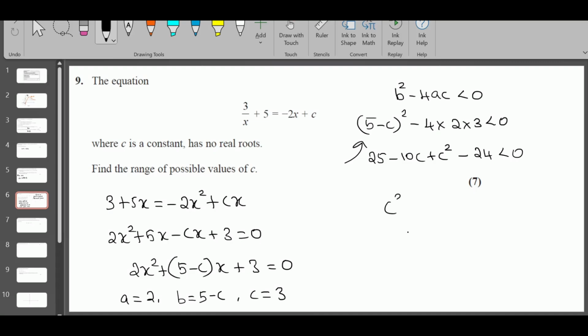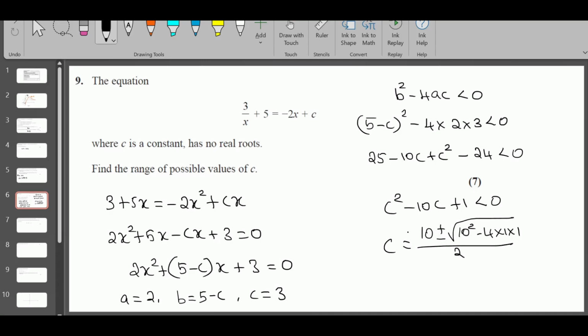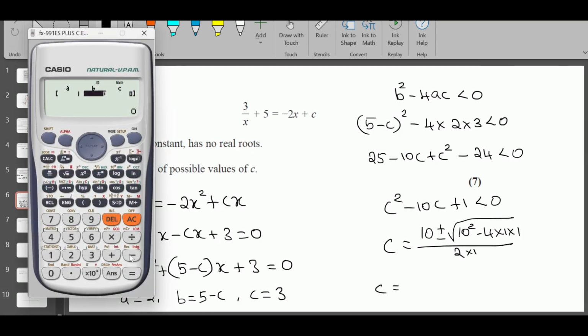So c square minus 10c plus 1 is less than 0, which is a quadratic inequality. So when you solve it, minus b plus or minus square root of b square minus 4ac over 2a, you get two values actually, 10 and 1.